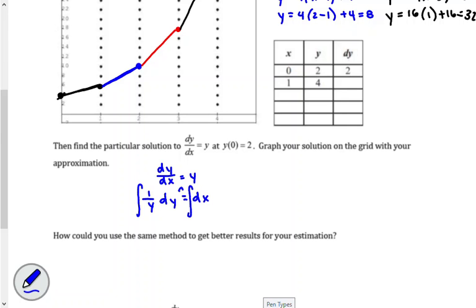And the integral of 1 over y is natural log absolute value of y equals integral of dx is x plus c, right? Then we get rid of the natural log by exponentiating both sides. y equals a e to the x, right? Because you still have to exponentiate the x. And then we're going to use the initial condition 0, 2 to plug in.